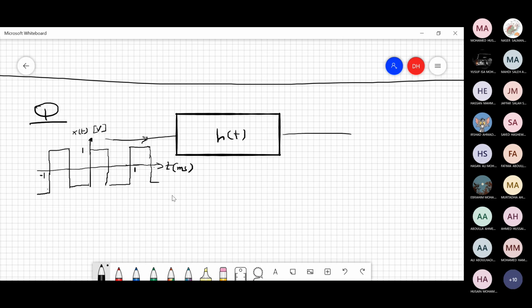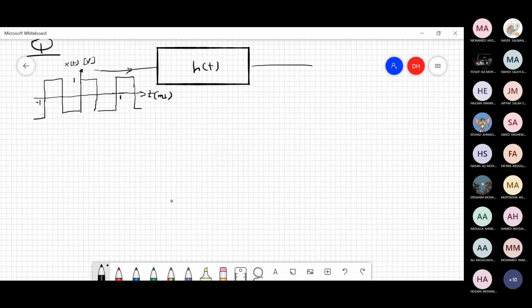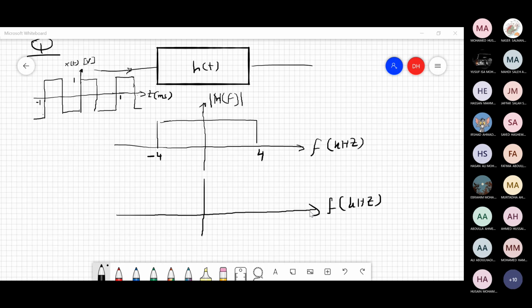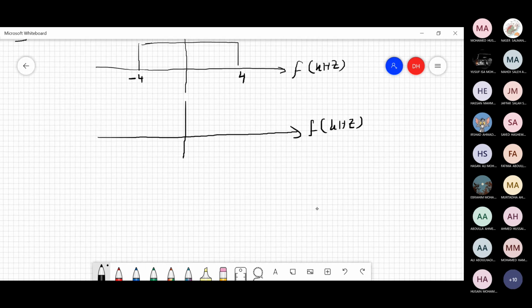This is h of t, but h of omega or h of f is given as, of course this is complex, so we have the magnitude of h of f, where f is in kilohertz, so 4 and minus 4, and the angle, f in kilohertz, with slope minus 0.2 pi.